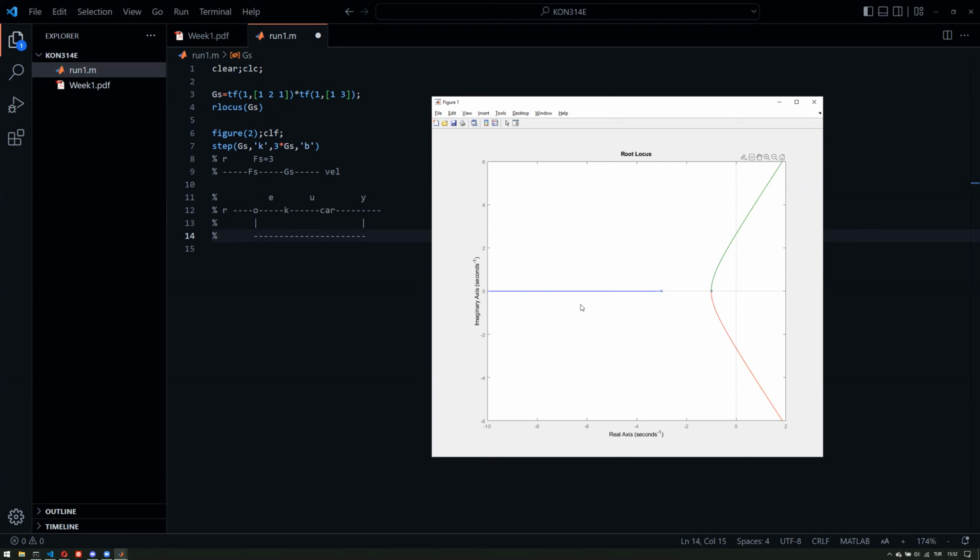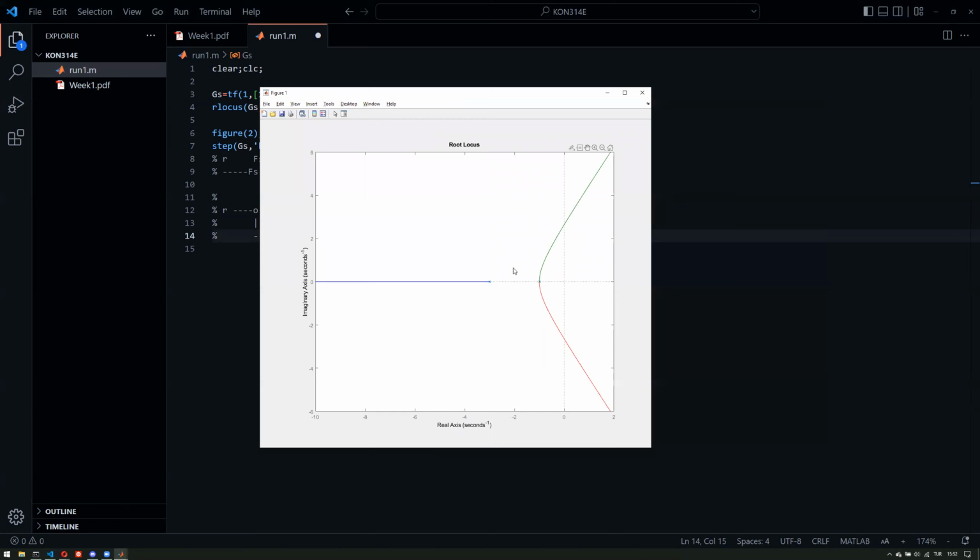So this is basically telling us that, yeah, what does it really tell us? At the end of this semester, you would be able to make some comments about this, but let me give you the comments from the beginning.